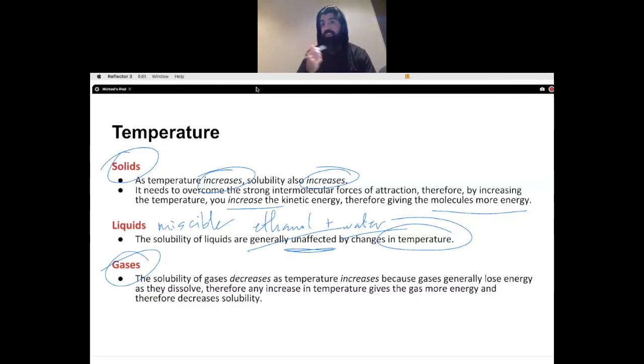The gases already have their own kinetic motion. The minute you introduce something else into it, it will slow down that motion until it reaches a specific temperature. As a result, the minute that gas gets introduced to that change, it will lose energy in terms of their dissolving.